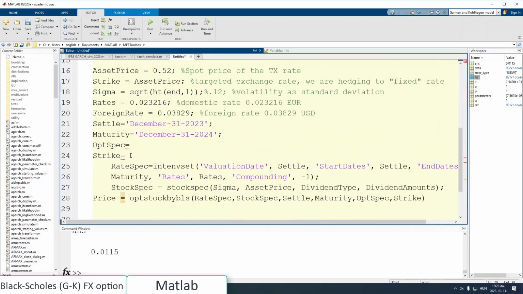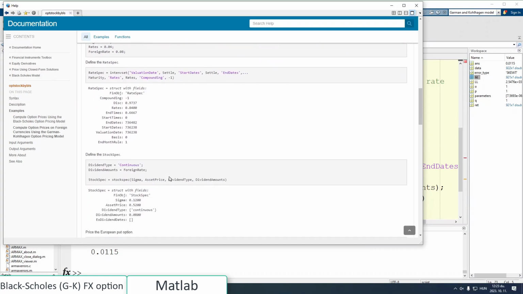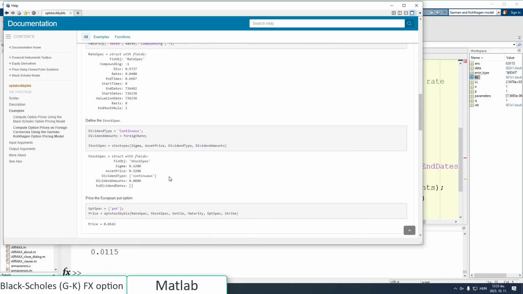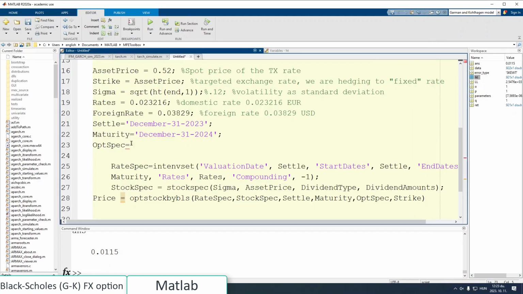Rate, maturity. Okay, we defined the start price already. Still we need this opt spec, so we have to specify the option type. Okay, this is what I was looking for. Put option. It will be cool.